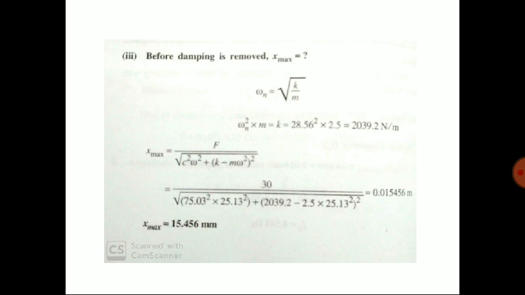Okay, so here we are not considering the resonance condition. Here we are considering the case before removing damping. That's only what we are considering here. Okay, so we are getting x max equal to 15.54.